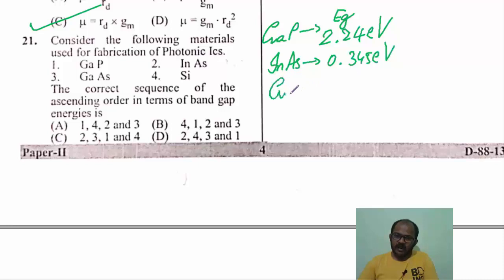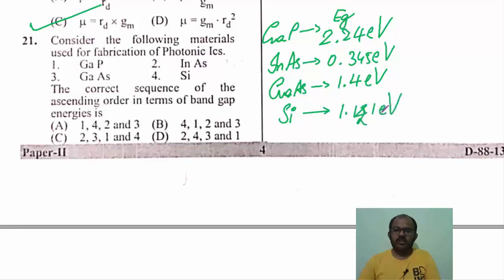In the case of gallium arsenide, the band gap is of the order of 1.4 electron volt. In the case of silicon, we are very much familiar with silicon and germanium, it is 1.121 electron volt. So according to this, if I am choosing, I will be getting option D.